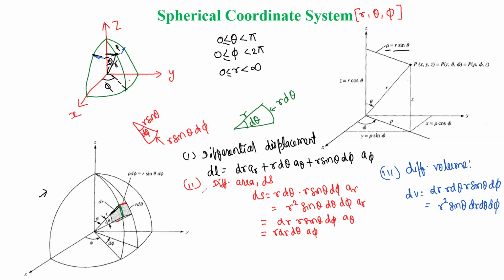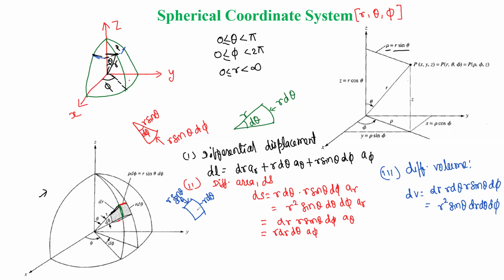So for this differential length, area, and volume, we can show one example so you can understand in a better way. This path is r d theta, and this arc length is r sine theta d phi.